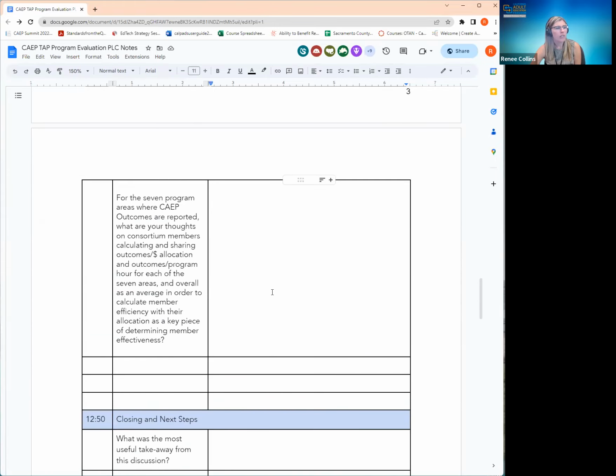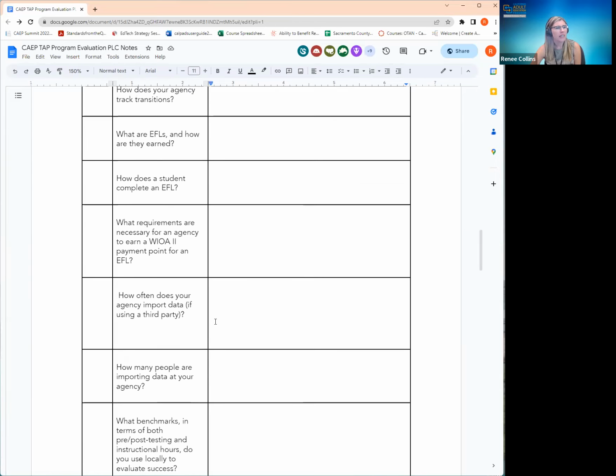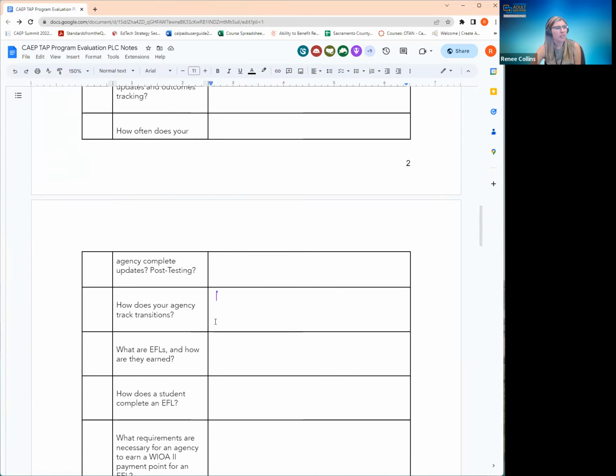And the last question, for the 7 program areas where CAPE outcomes are reported, what are your thoughts on consortium members calculating and sharing outcomes, funding allocation and outcomes program hours for each of those 7 areas, and overall as an average, in order to calculate member efficiency with their allocation as a key piece of determining member effectiveness?